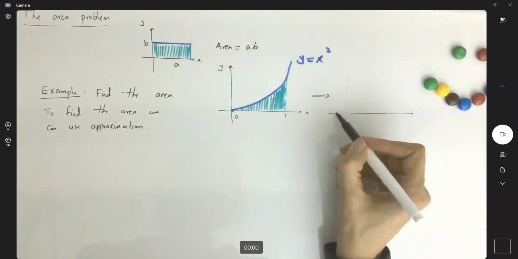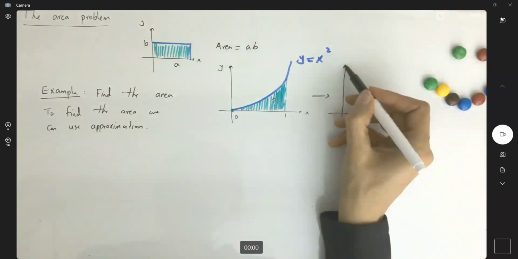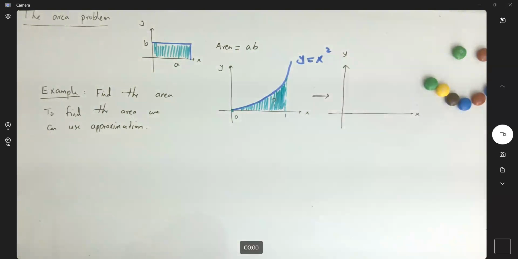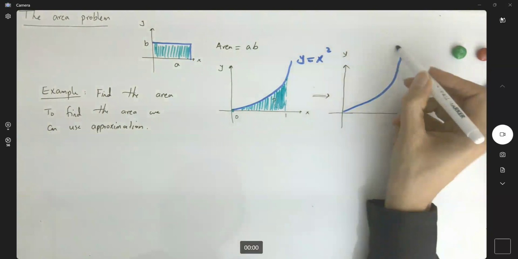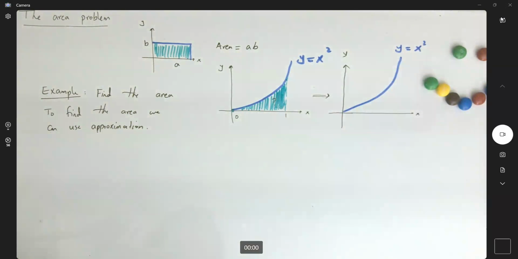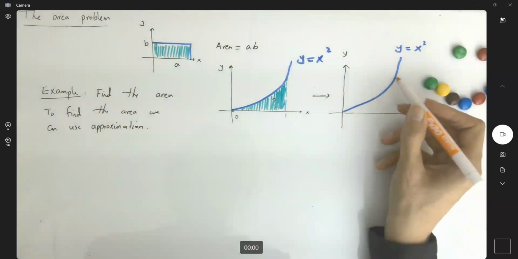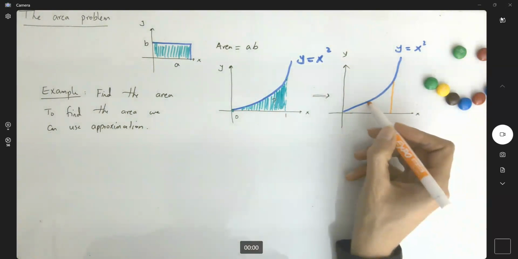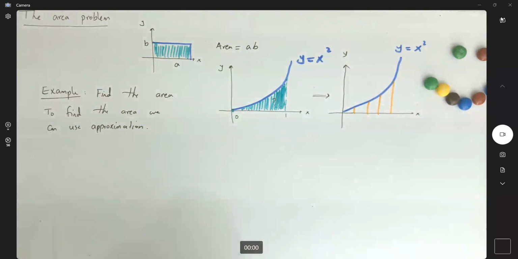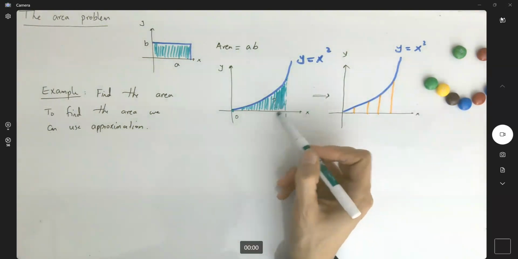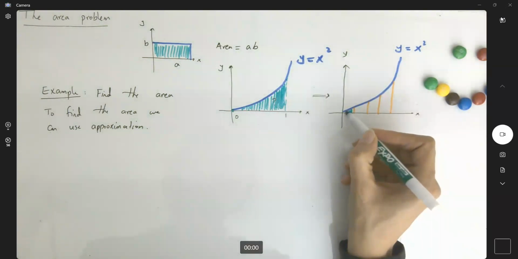I'm going to divide this guy up into 4 smaller pieces, under y equals x squared. Here I have these little pieces.